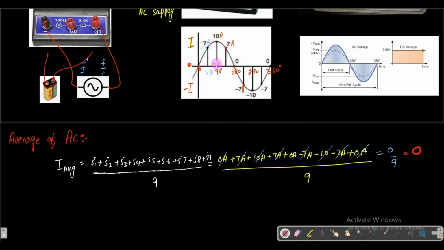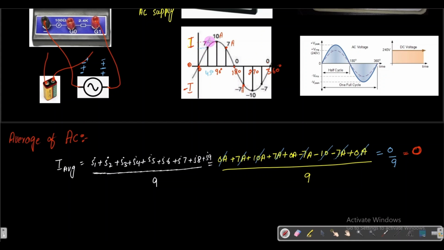In this fourth portion of the cycle the current is increasing with the positive sign, and in this portion the alternating current is increasing with the negative sign.